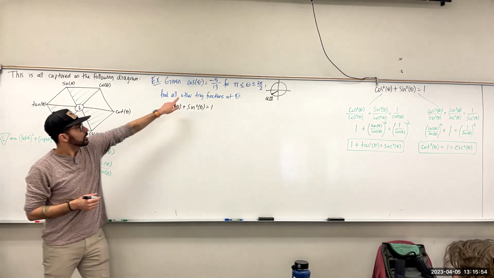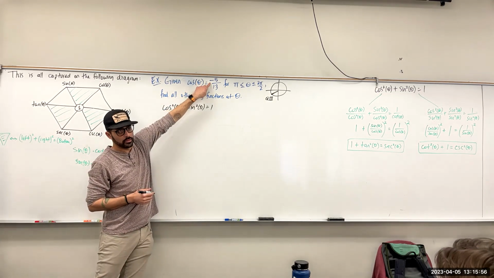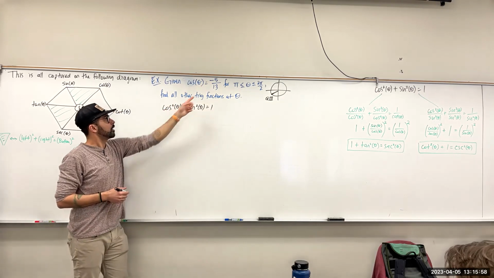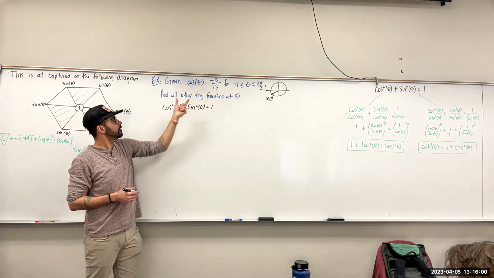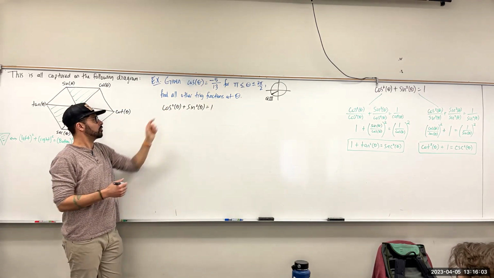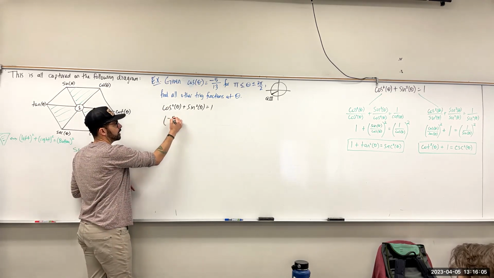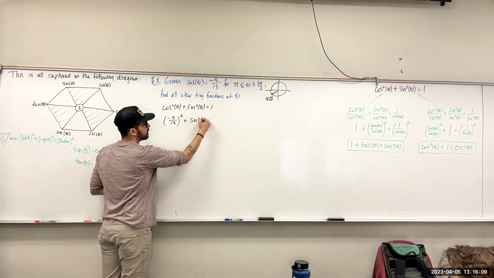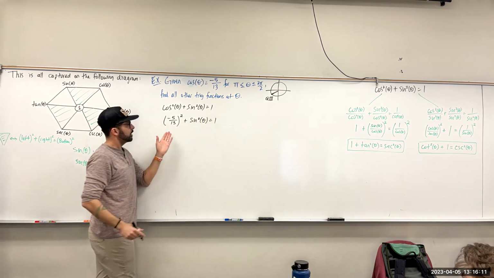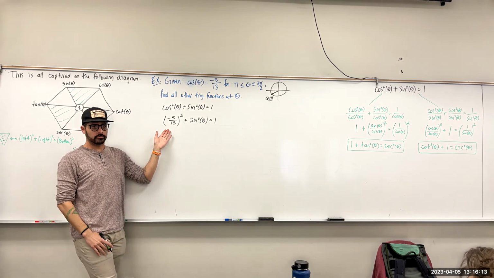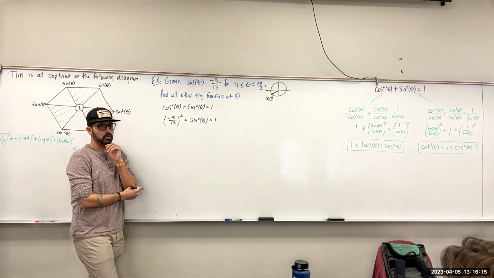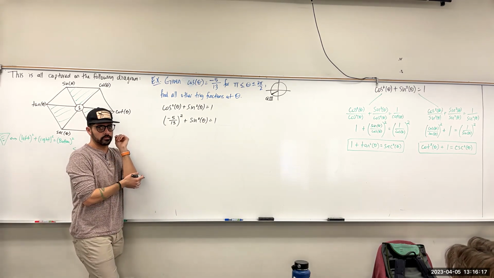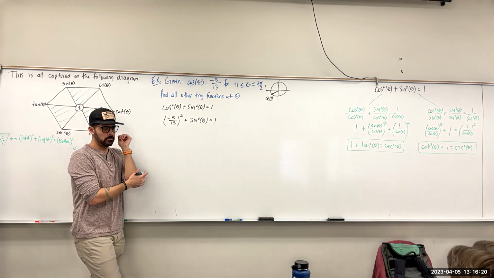I'm told cosine is -5/13, so I substitute -5/13 in for cosine, but then I have to square it. Then I can use this to solve for sine. Does that make sense?